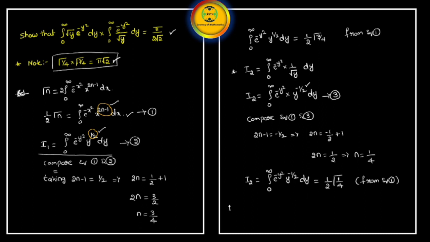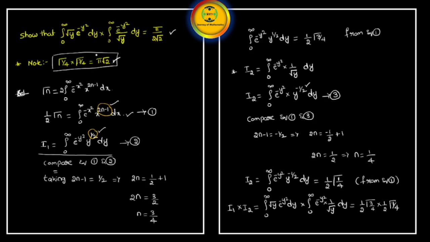Now I want to find I1 into I2, which is integral 0 to infinity root y e power minus y square dy into integral 0 to infinity e power minus y square into 1 by root y dy, where we have found these integral values as 1 by 2 into gamma of 3 by 4 into 1 by 2 into gamma of 1 by 4.